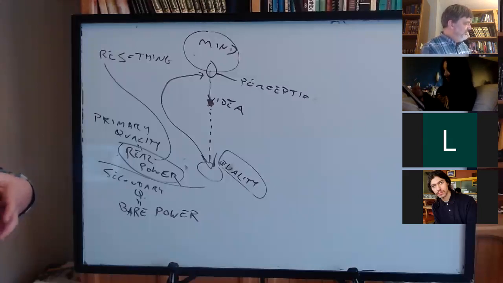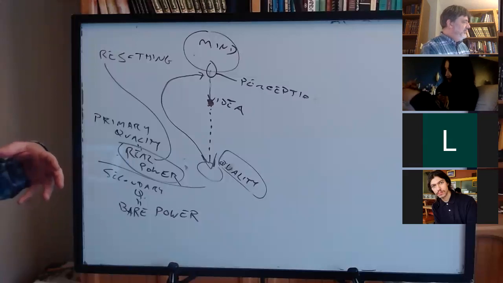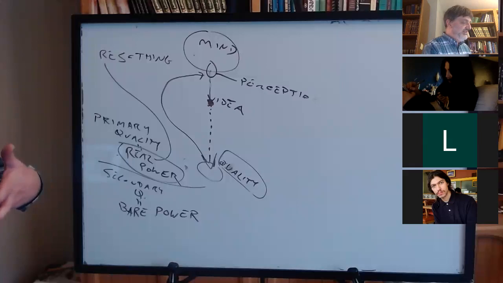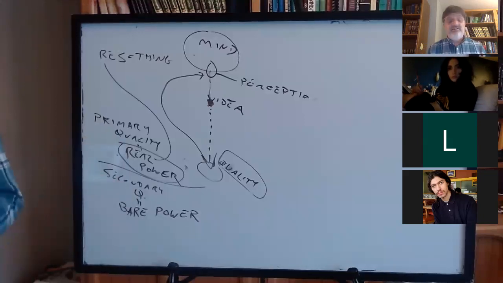One answer is, well, in the case of primary qualities, not only does the body have a power to cause the primary quality, but that power is something real in the body. Whereas in the case of secondary qualities, the body has a power to cause us to perceive the idea, but that power is not a separate thing that exists out there.